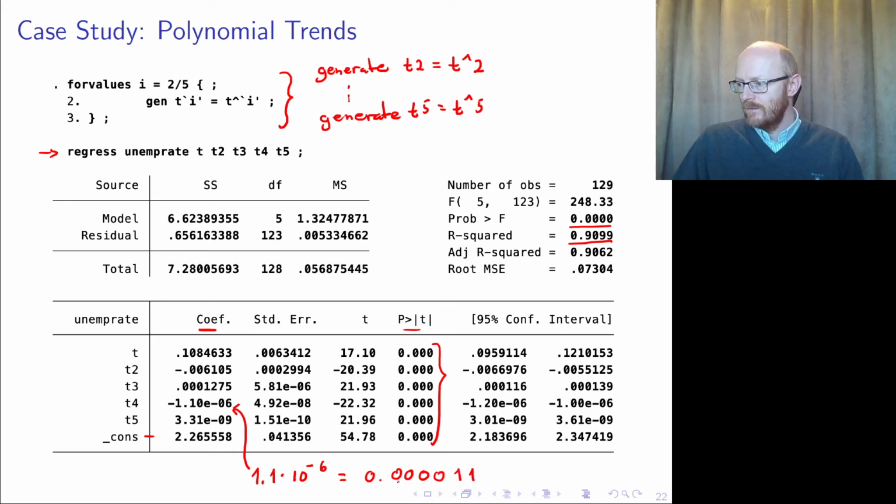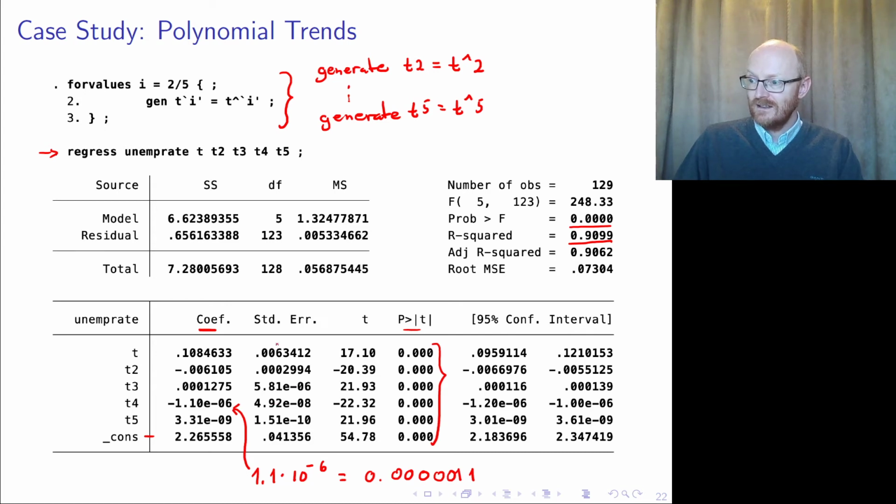So this is a really small number. But we are still using it because the p-value means that this is statistically significantly different from 0.